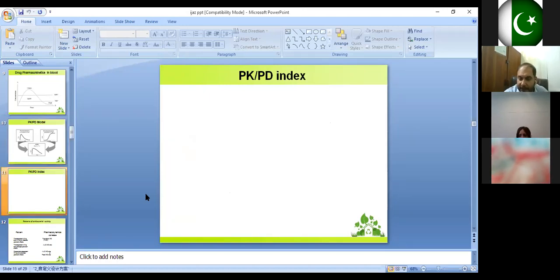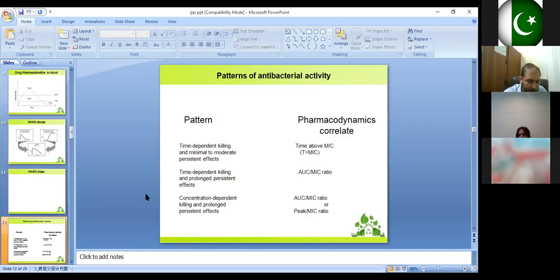PKPD index is also a new idea. Suppose there are different groups of drugs. You should know mostly the 5 important groups, like cephalosporin, which works on cell wall synthesis and inhibits the enzyme that can affect it. Antibacterial drugs are classified into 2 major types: one is time dependent, the other is concentration dependent.